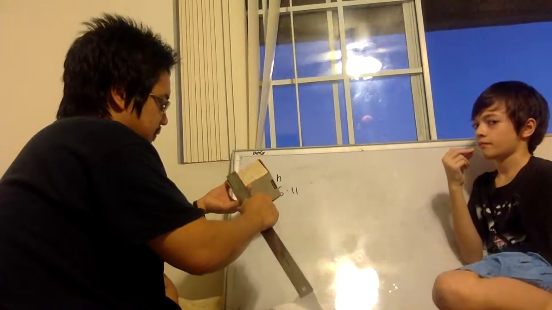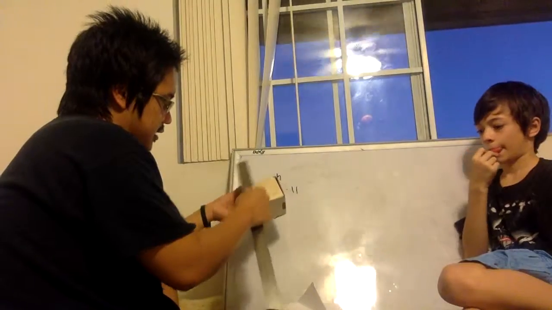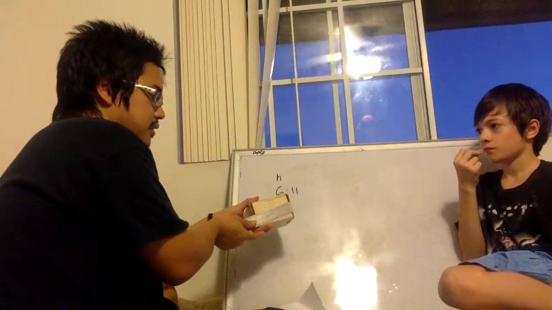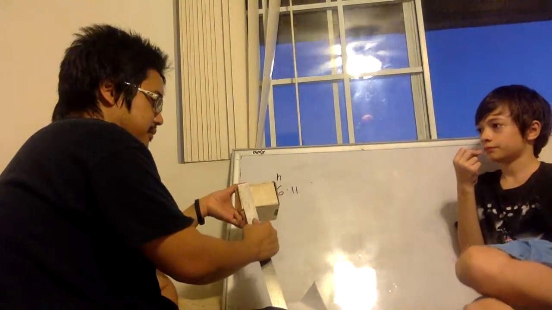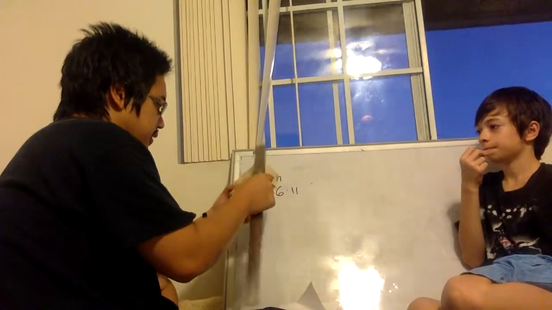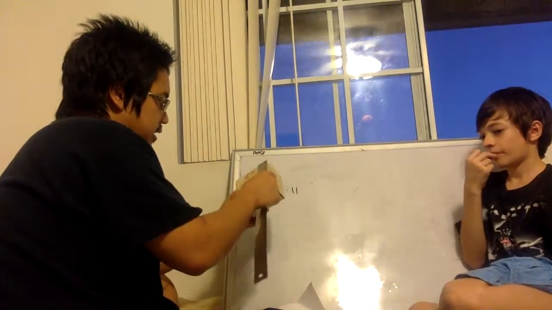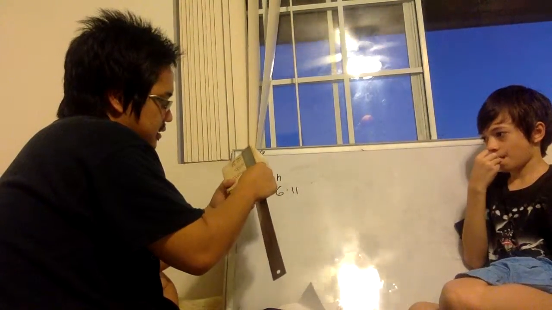It doesn't matter actually which one it is, as long as you get all 3 of them. So we can call this the length, yeah? We can call this the width right here, and the height would be this. So your height is 6, your width is 11, and your depth is 10.